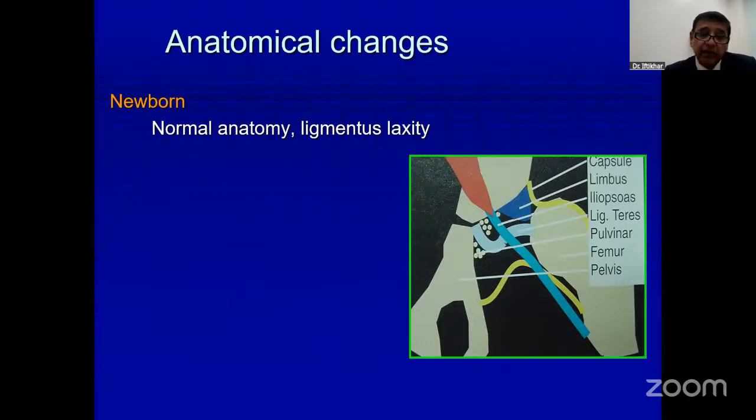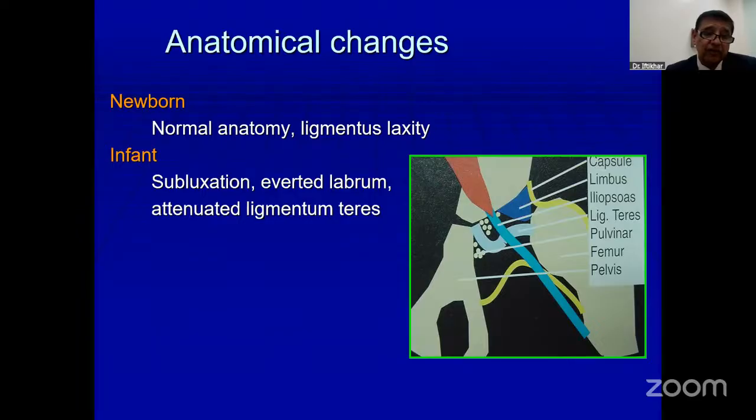Now, the anatomy of the newborn is extremely important, in that a few factors play a major role in the displacement and dysplasia. For example, you have the iliopsoas tendon, ligamentum teres, capsule, and limbus. All these structures are hyperlax in the early days after birth, which can show in a normal anatomy. These structures play a major role in the subluxation. As the child grows, these structures also grow, and at the infant stage the same structures cause subluxation.